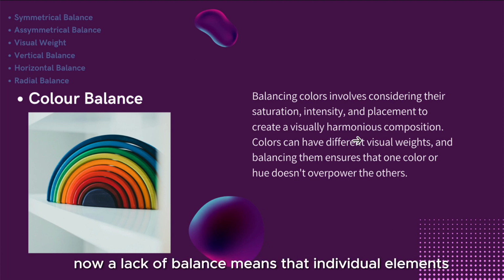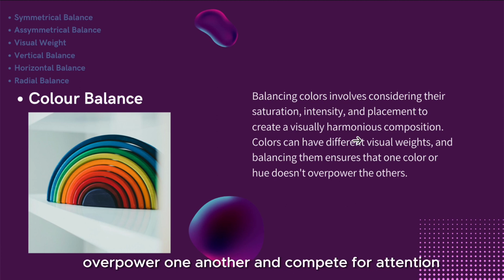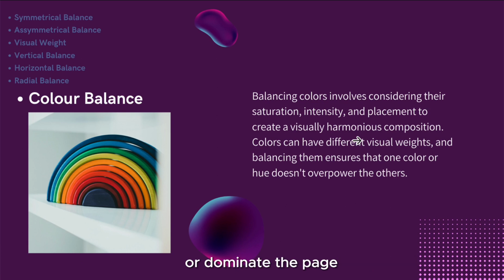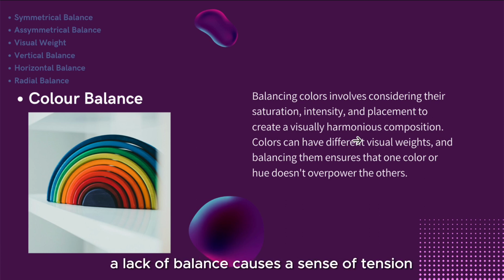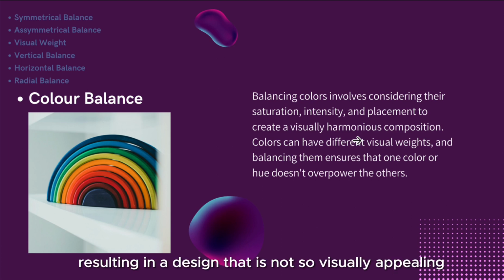Now, a lack of balance means that individual elements overpower one another and compete for attention or dominate the page. This might include too much contrast, visual clutter, a lack of alignment, or blocks of text. But at the end of the day, a lack of balance causes a sense of tension, resulting in a design that is not so visually appealing.